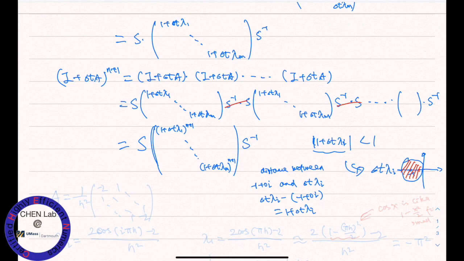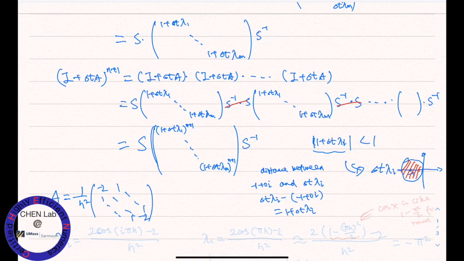Now for this matrix A, we did that when we studied the steady state elliptic equation in the first part of this 362. We know this matrix, with -2 on the diagonal and 1, 1 on the off-diagonals. We studied its eigenvalues.